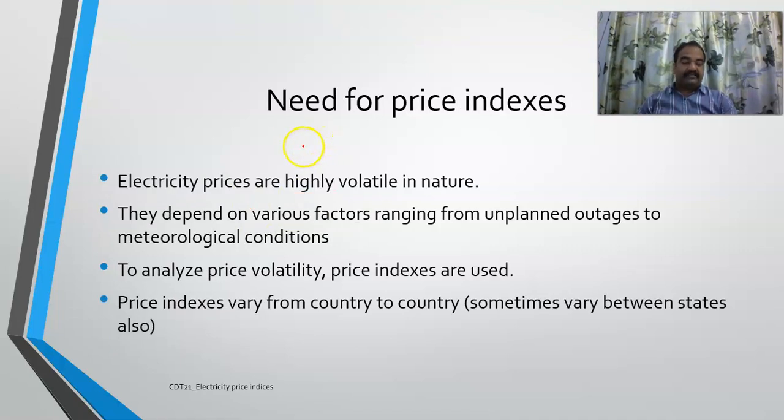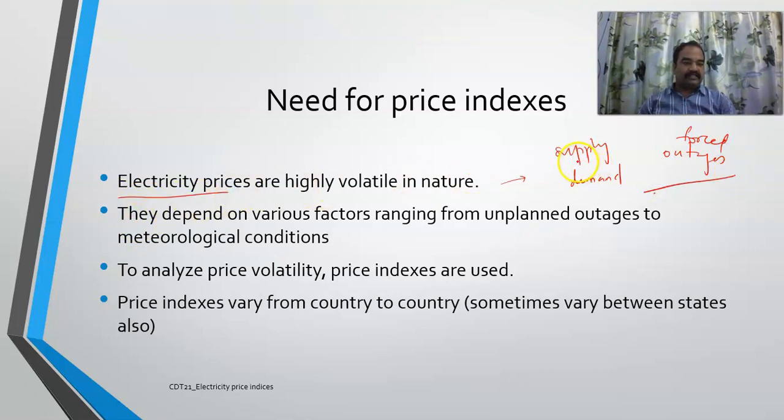You know that electricity prices are particularly very highly volatile in nature. You know that it majorly depends upon the supply, the demand, and also the outages, the forced outages. These are affecting the electricity prices.